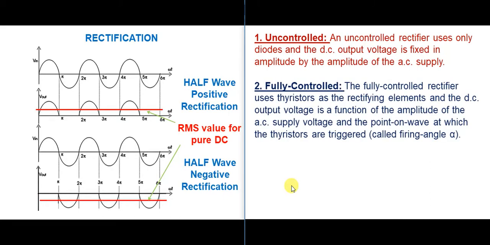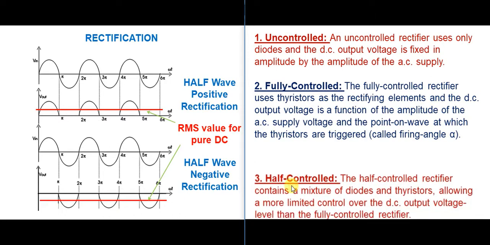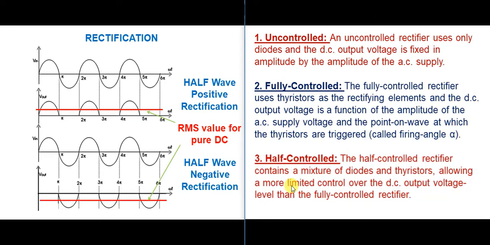The fully controlled rectifier uses thyristors as the rectifying elements and the DC output voltage is a function of the amplitude of the AC supply voltage and the point on wave at which the thyristors are triggered. The point on wave at which the thyristors are triggered is called the firing angle and it is denoted by alpha.